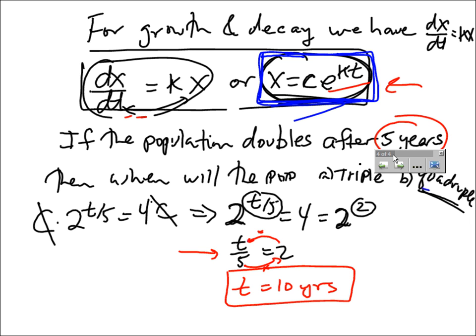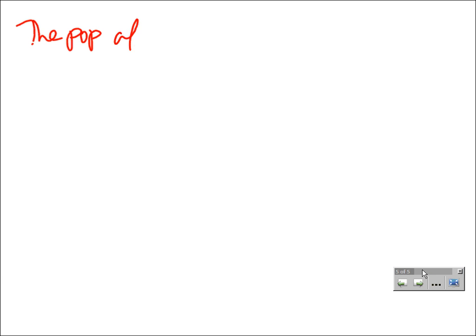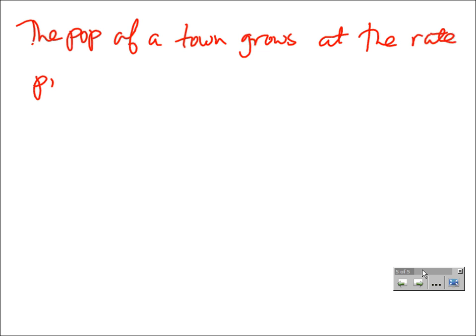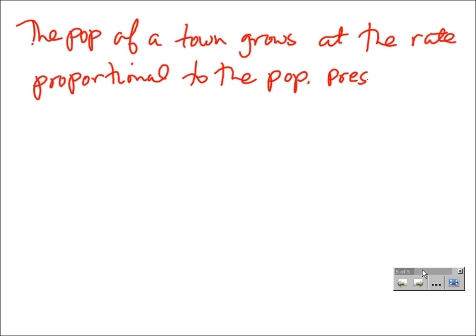Okay, let us try one more problem. We're told that the population of our town grows at the rate proportional to the population present at time t.